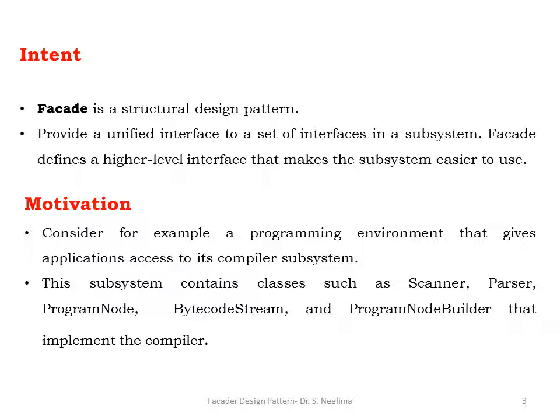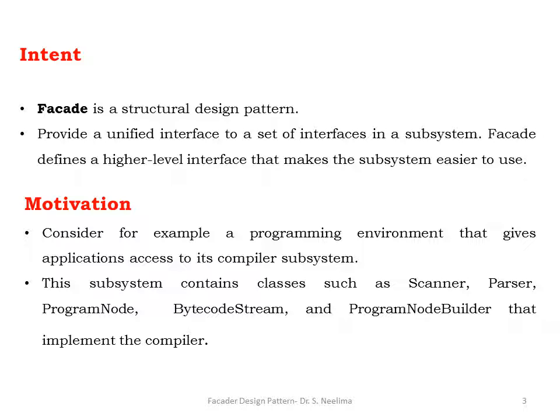Now we'll consider one example, a programming environment that gives applications access to its compiler subsystem. This subsystem contains classes such as scanner, parser, program node, bytecode stream, and program node builder that implement the compiler.